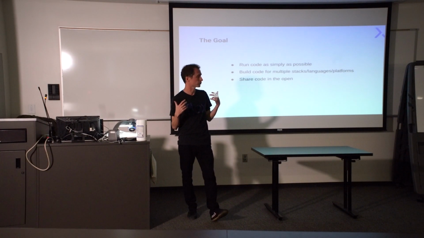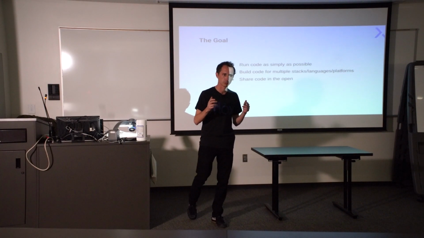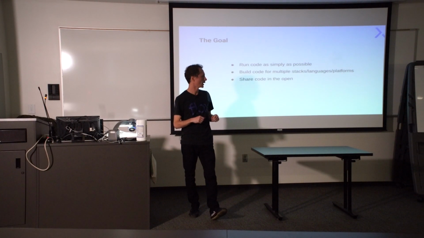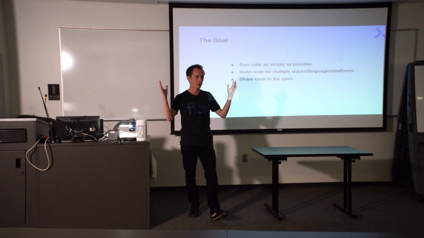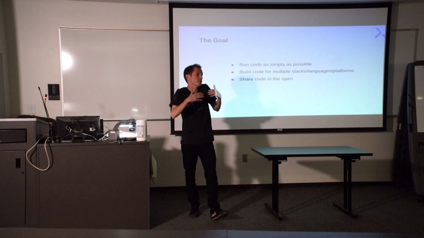We want to build code for multiple stacks, languages, and platforms. Same deal. If you clone someone's repository and start setting up, there's some JavaScript in there, there's some Rust, there's some Go, it's WASM. How am I going to do this? We want to be able to do this as simply and as quickly as possible, and hopefully repeatably, right?